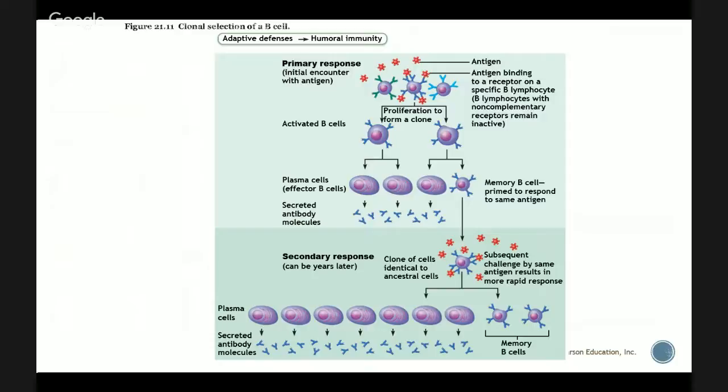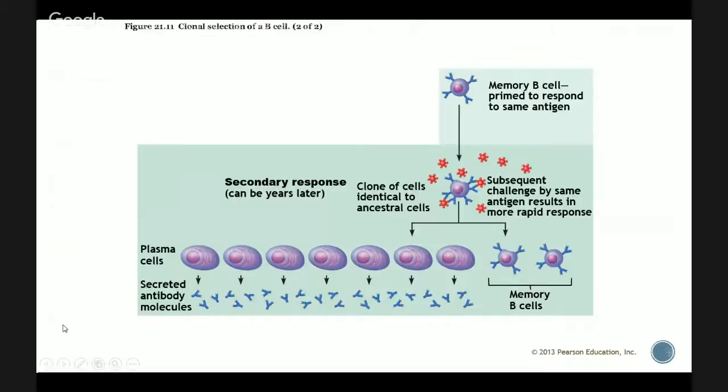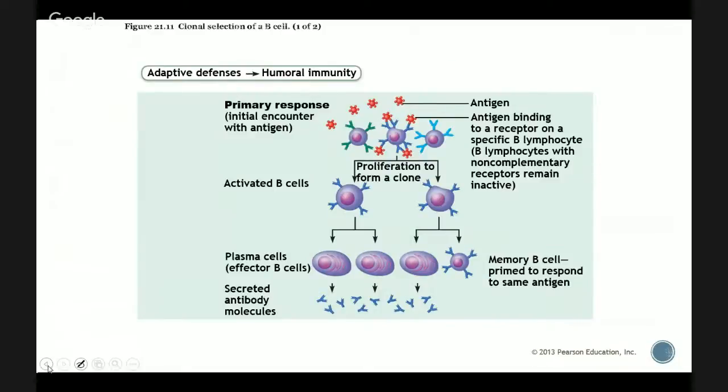Right, so this is what we see with the B cells. This is our humoral immunity, remember. Initially, we need to have an encounter with the antigen first, okay?